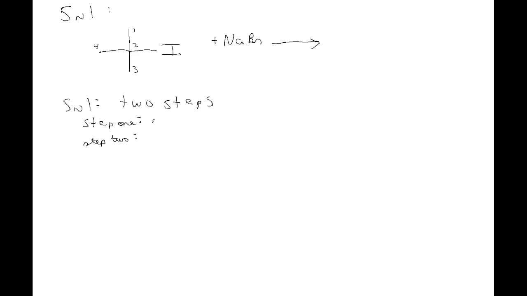So now step 1 is the leaving group leaves the alpha carbon, and that's what would happen then in step 2. The nucleophile would attack the electrophile.